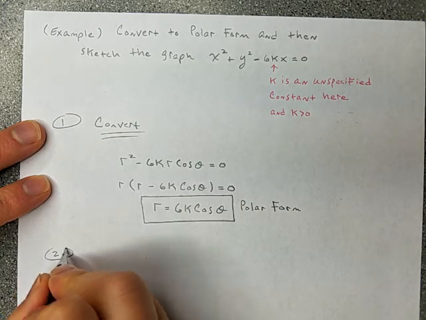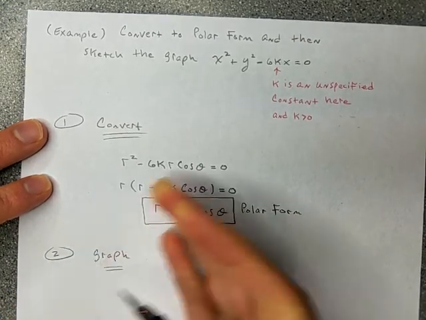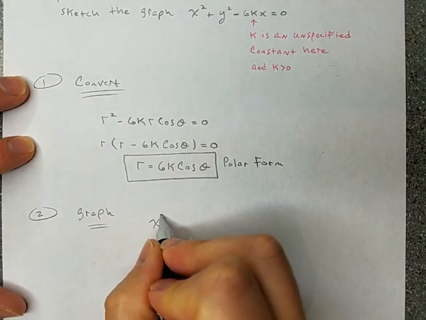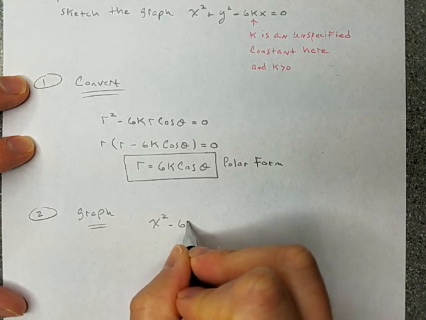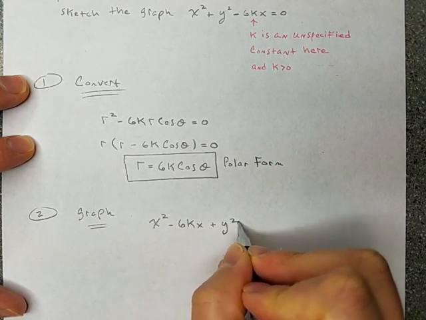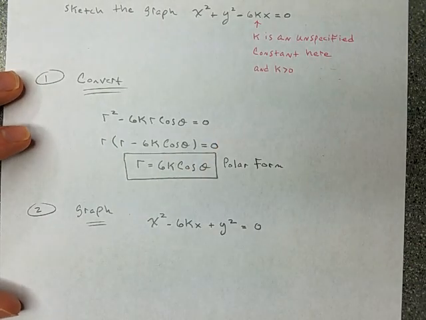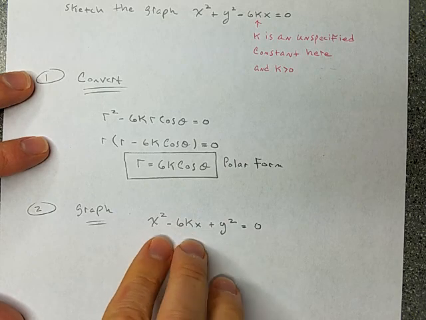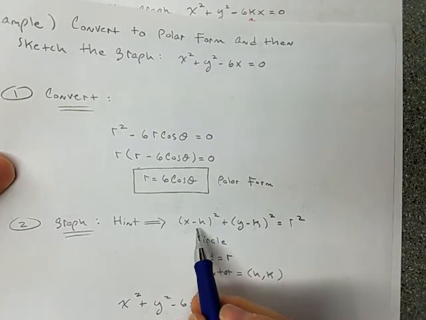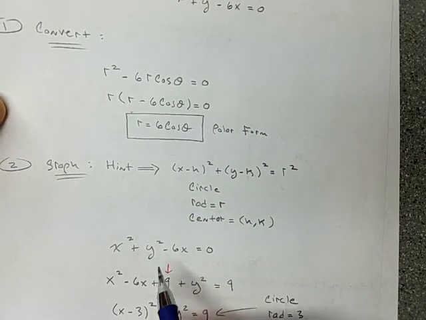Let's look at how to think about what the graph is. Let me recopy. So I'm going to do x squared minus 6kx plus y squared equals 0. I did a little bit of rearranging, but that's what I have up there. In order to make this factorable so that it looks more like the standard equation of a circle, I said we needed to complete the square.